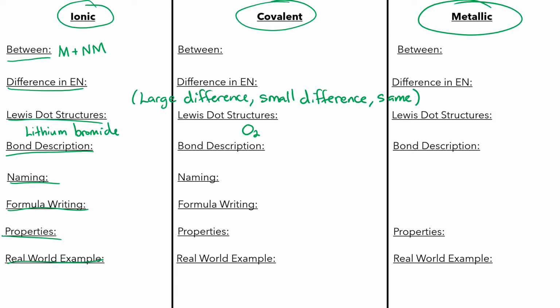So the naming and formula writing would be of magnesium and nitrogen. Okay, so you guys need to do that for both magnesium and nitrogen for both naming and formula writing. Then for covalent bond, to name this Lewis dot structure.